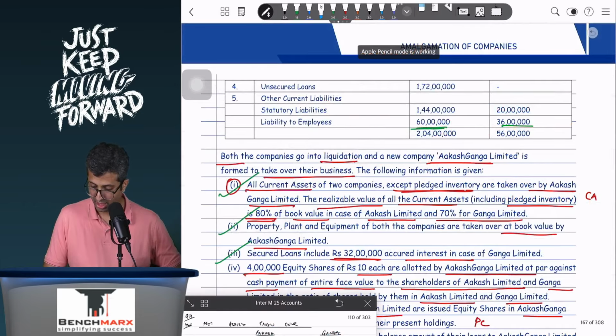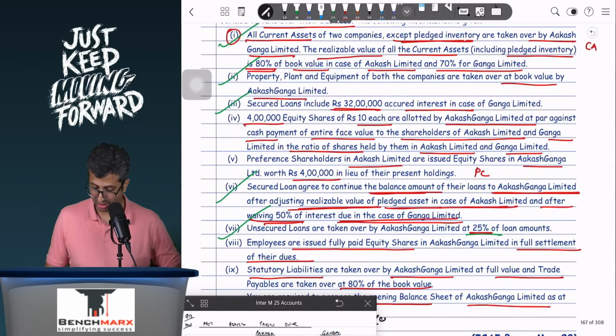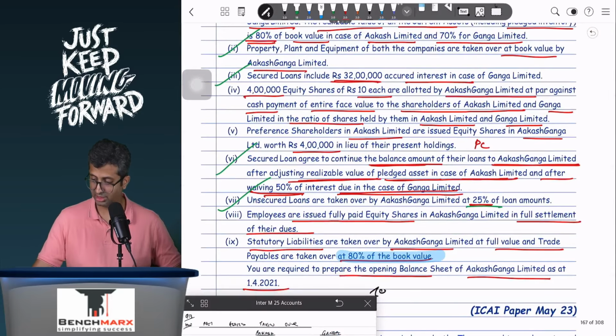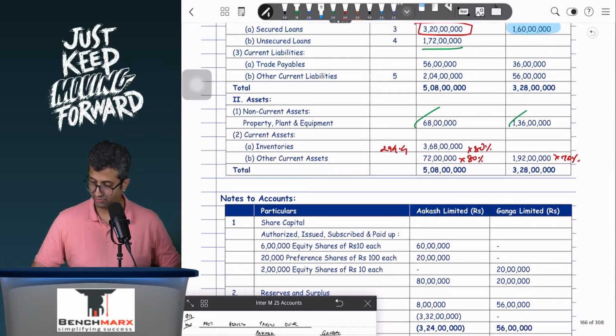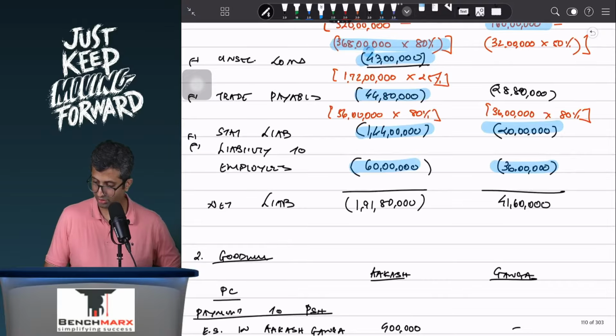This will be exactly the same. But when you look at trade payables, they have said that this is 80% of the book value. So it is 56 into 80% and 36 into 80%: 56 into 80% is 44.8, and 36 into 80% will be 28.8 approximately.